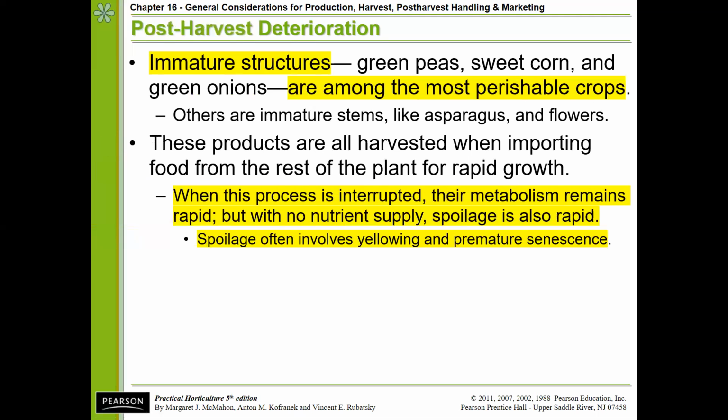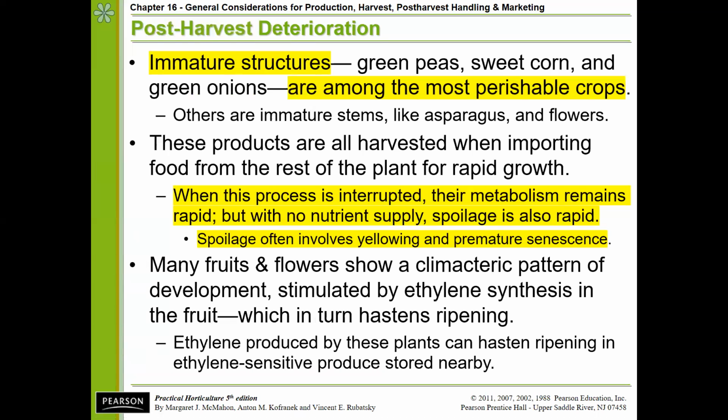So we try to interrupt the post-harvest maturation process, to interrupt that metabolism so that we don't have as much spoilage. Usually with spoilage, we'll see things like yellowing or premature senescence in these crops.